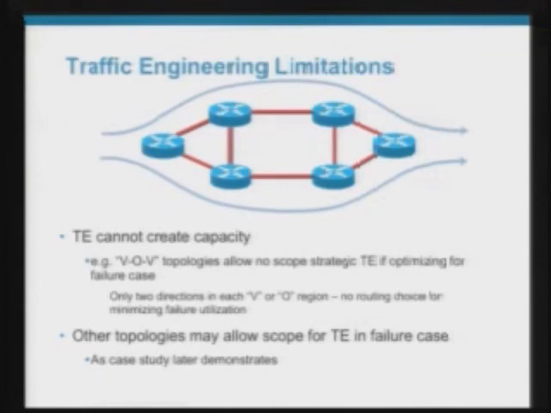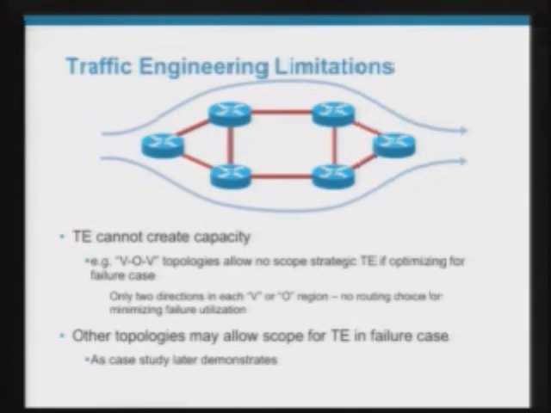I mean, there are limitations for traffic engineering itself, and there are limitations on traffic engineering using the IGP. And again, keep in mind, traffic engineering is not going to create capacity. If you have a bottleneck, you have a bottleneck. If your policy is to be resilient to single failures, and you have a router with just 2 uplinks, you must add capacity at that point, at some point.